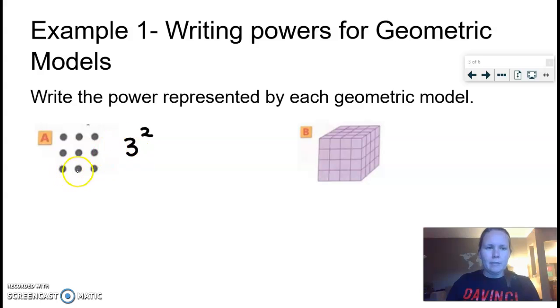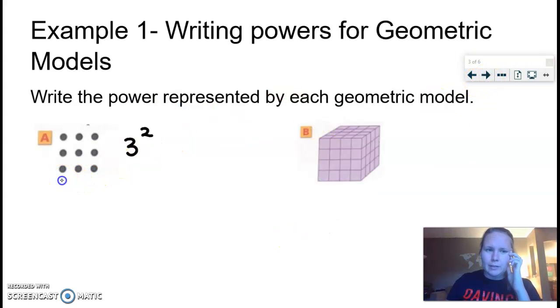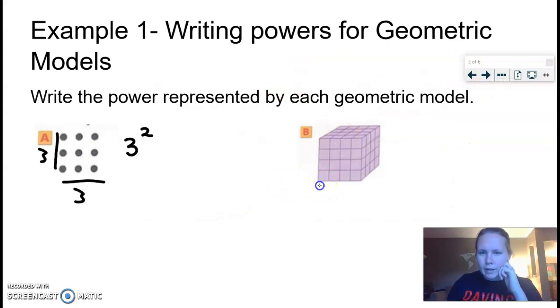In this case, I have 3 times 3 gives me 9. You can think of the side times side, so 3 times 3, that's how you get 3 squared. This one is a cube, and just like before, that means we put it to the power of 3. So let's see what our side is, and let's make sure it's a square.